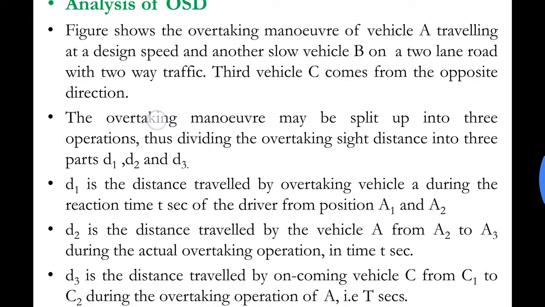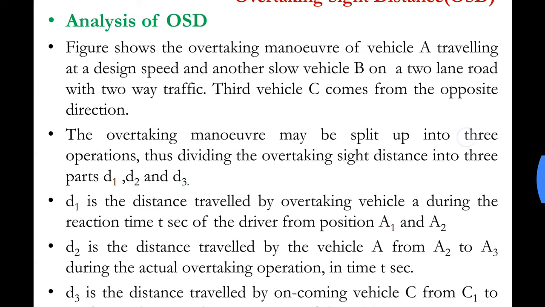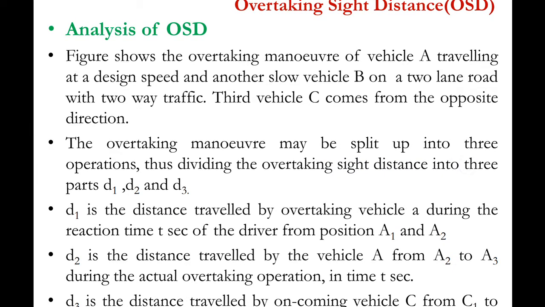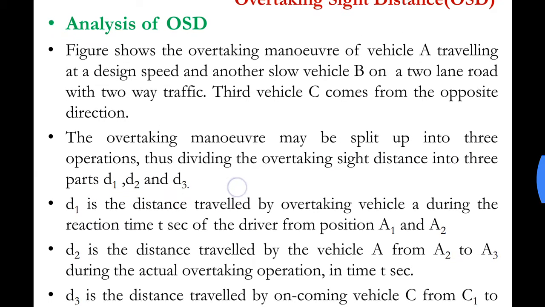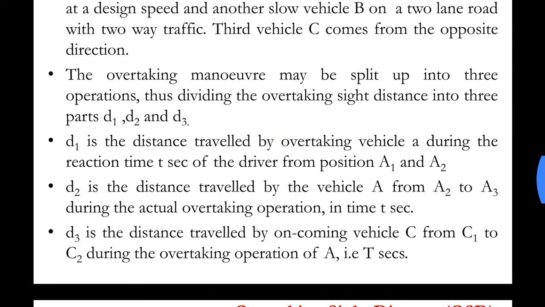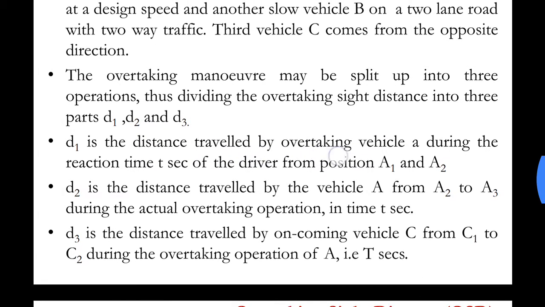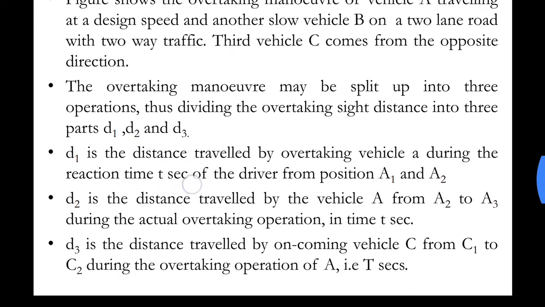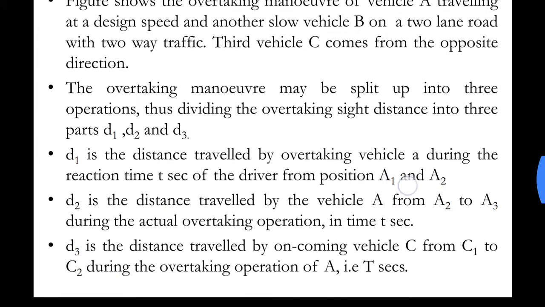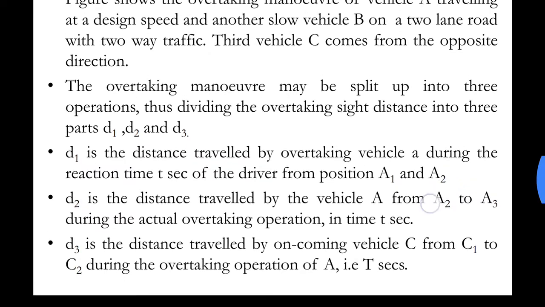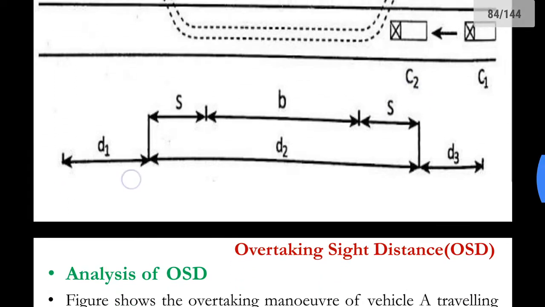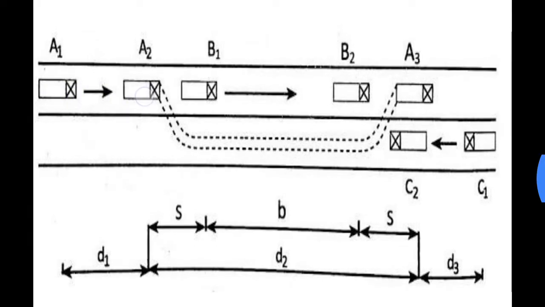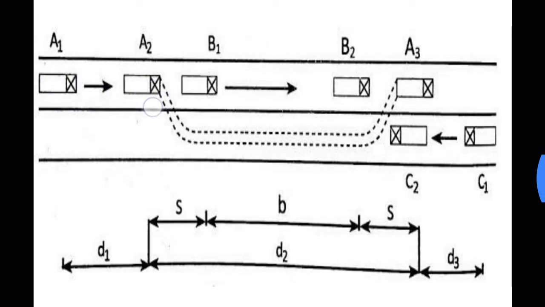The overtaking maneuver may be split up into three operations, thus dividing the overtaking distance into three parts, that is d1, d2 and d3. d1 is the distance traveled by the overtaking vehicle A during the reaction time t of the driver, from position A1 to A2. So this d1 is the distance traveled by vehicle A during the reaction time.